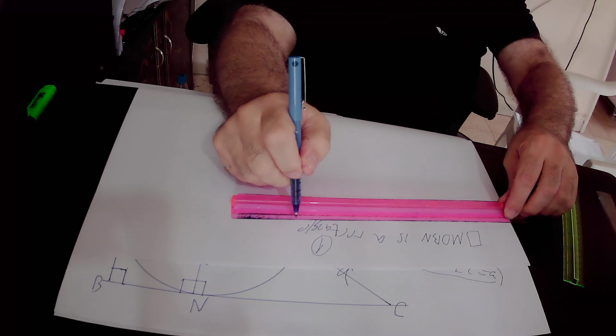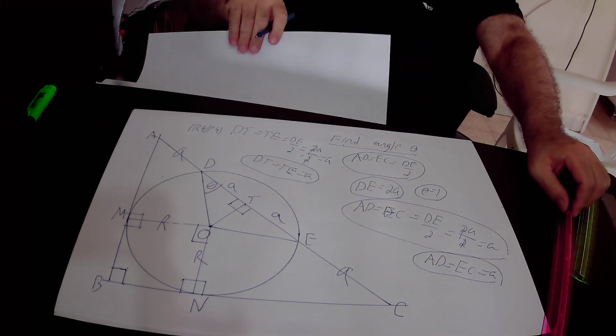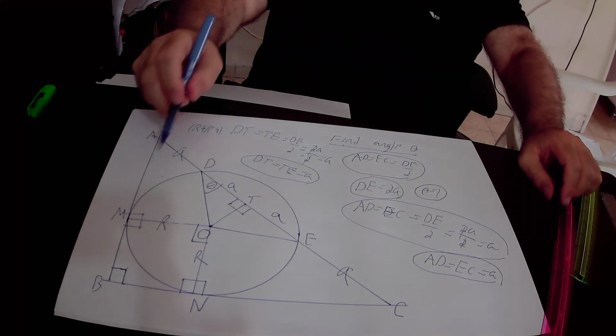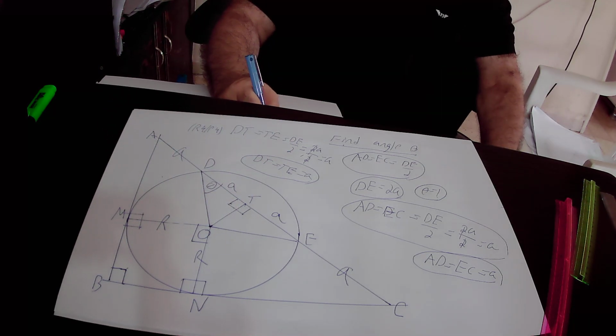And we know that the opposite sides of a rectangle are equal to each other. That is to say, MO equals BN.